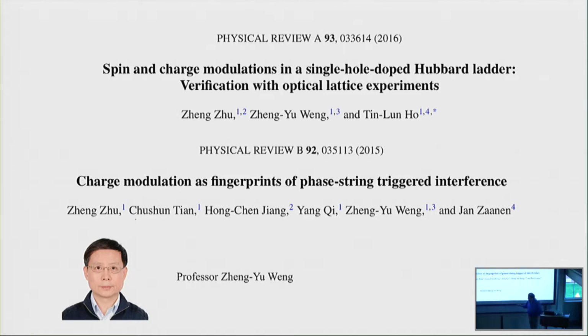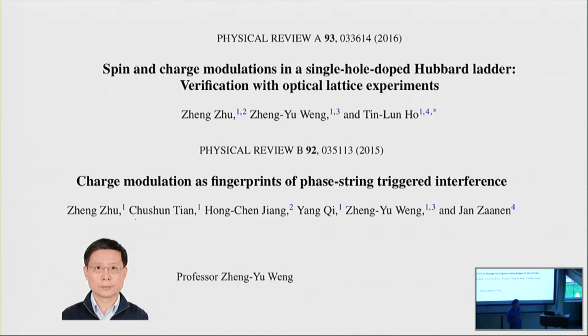A lot of the ideas were actually established long ago by Professor Wang Zhengyi at the Institute of Advanced Studies in Beijing, and he has been working in this direction for many years.